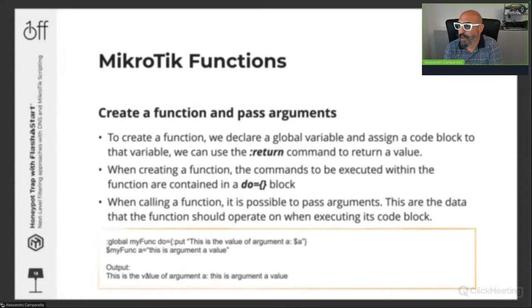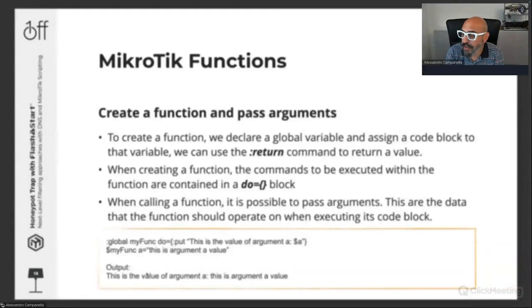So, for example, we can create a function, and the function is declared as a global variable. Now we will see the syntax, but it's very simple. And with the command return, we can return some values to the part of the script that calls this function.